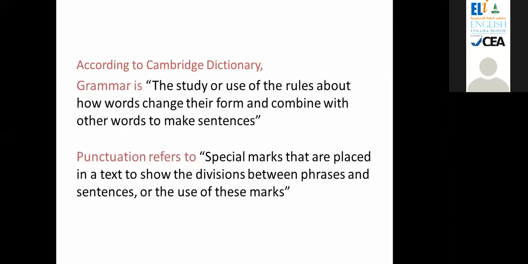Grammar is the study or use of rules about how words change their form and combine with other words to make sentences. So you've got the same idea. And punctuation refers to special marks that are placed in a text to show the divisions between phrases and sentences, or to show the use of these marks.